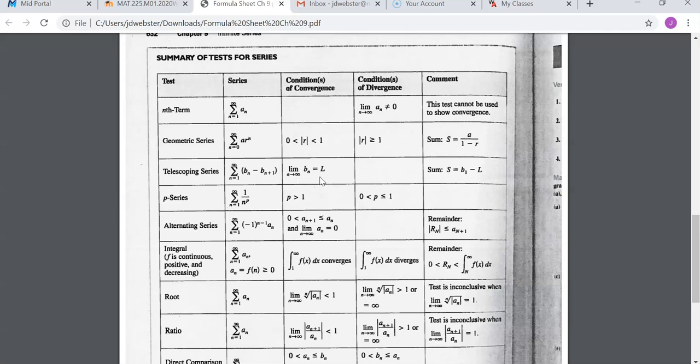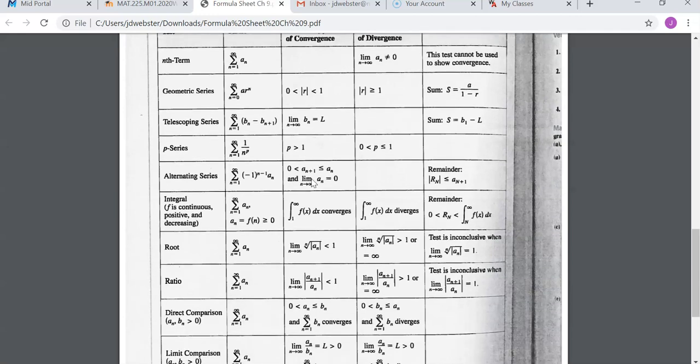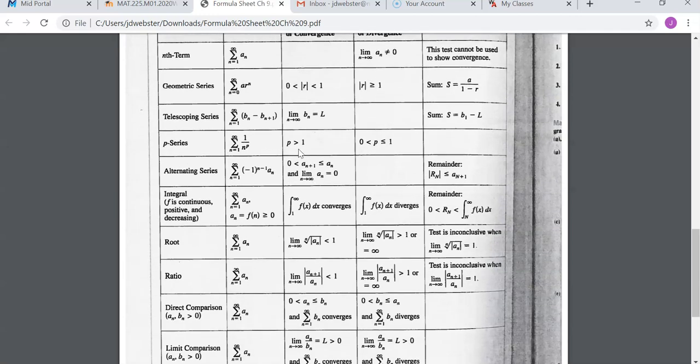Telescoping series here, we've dealt with those. The P-series test converges when P is bigger than 1, diverges when P is less than or equal to 1. Alternating series, we know an alternating series looks like this. It has this -1 to the n minus 1 with the positive parts.